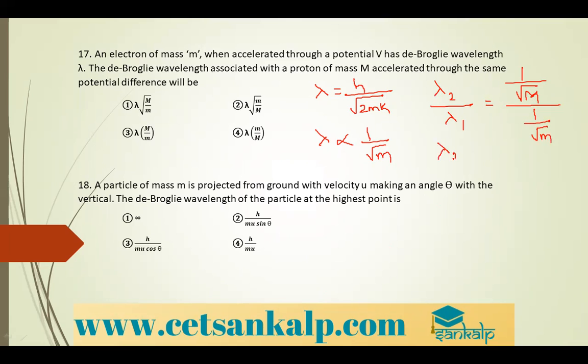Lambda 1 is given as lambda, so I'll shift that to the other side. Root of small m will go to the numerator, and this comes to the denominator. So root of small m divided by capital M. So option 2.